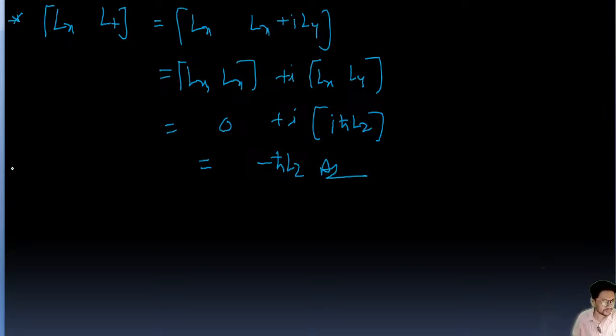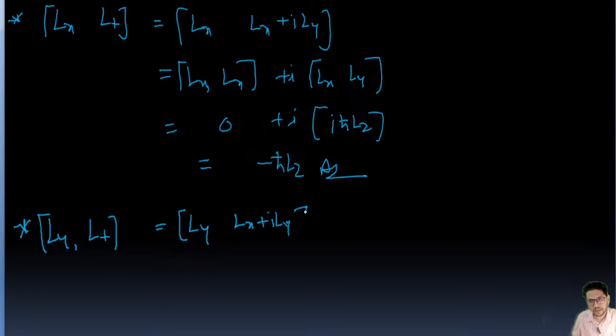Next is Ly L plus. This is going to be Ly, and L plus value we know is Lx plus iota Ly.